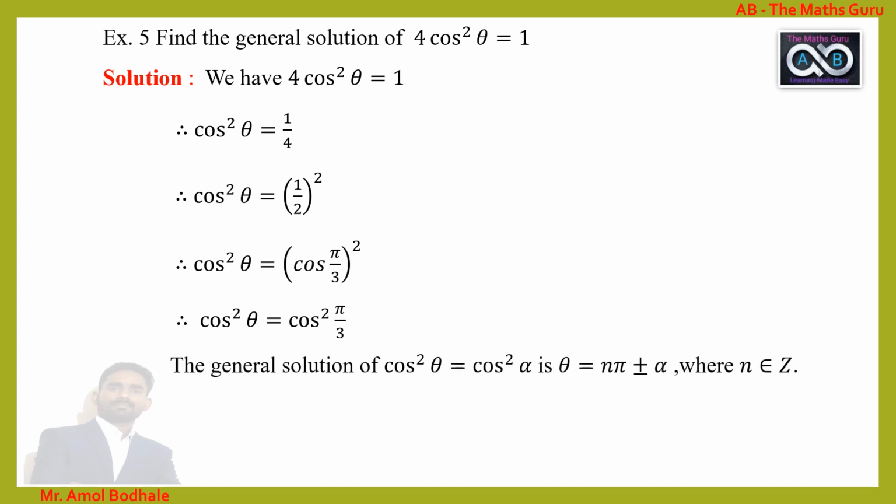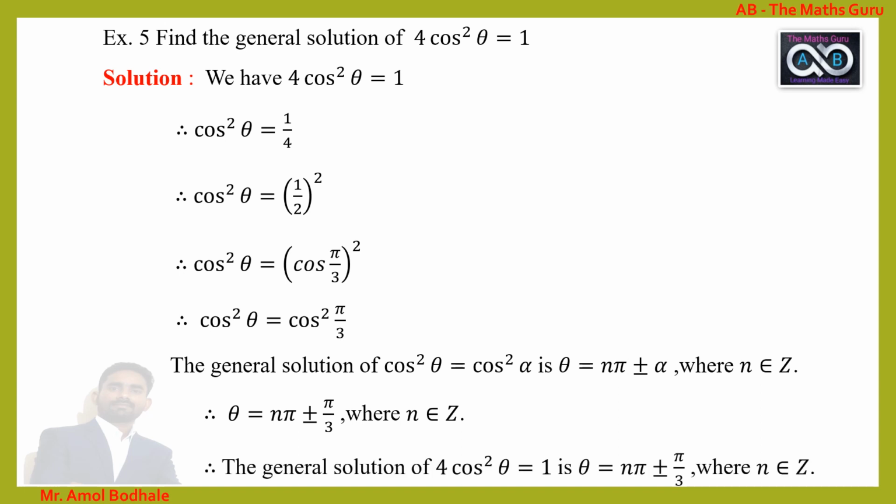We know the general solution of cos square theta equal to cos square alpha is theta equal to n pi plus or minus alpha where n belongs to Z. So here theta is exactly theta, but the value alpha is pi by 3. So let us replace this value with pi by 3. Here we can write theta equal to n pi plus or minus pi by 3. So we get the general solution of 4 cos square theta equal to 1 is theta equal to n pi plus or minus pi by 3, where n belongs to Z.